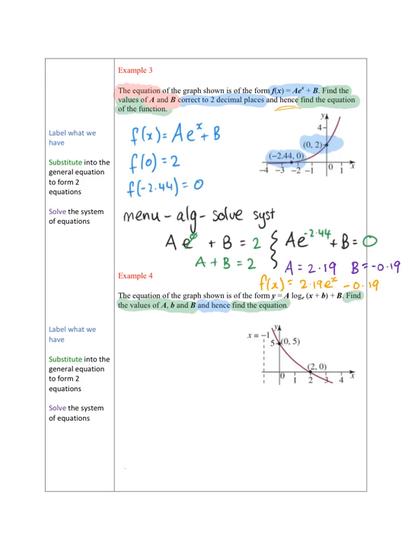It tells me that my equation itself is of this general form a log e (x plus b) plus B. If I think about what we have here, we can see that we've got an asymptote at negative 1, the point (0, 5), and the point (2, 0). So right away, I can see that b must be equal to 1.